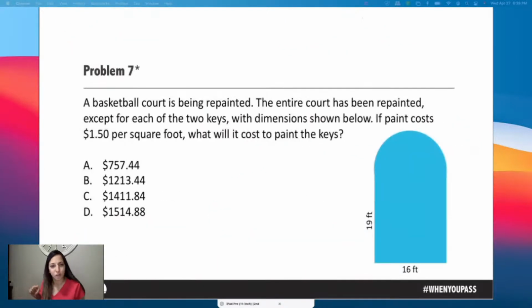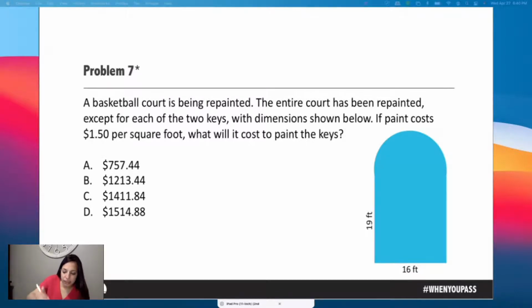I have one more circle problem for you because I actually really like circle area problems. A basketball court is being repainted. The entire court has been repainted with the exception of the 2 keys, with dimensions shown below. If paint costs $1.50 per square foot, what will it cost to paint the keys?